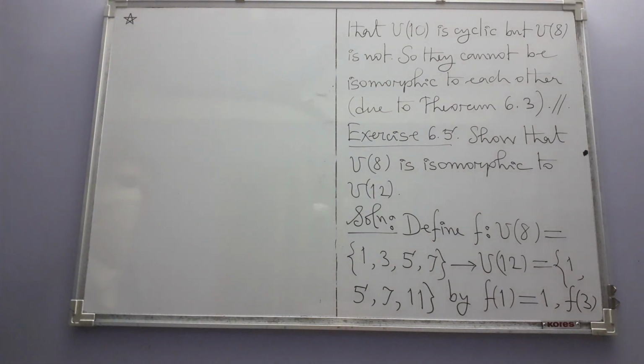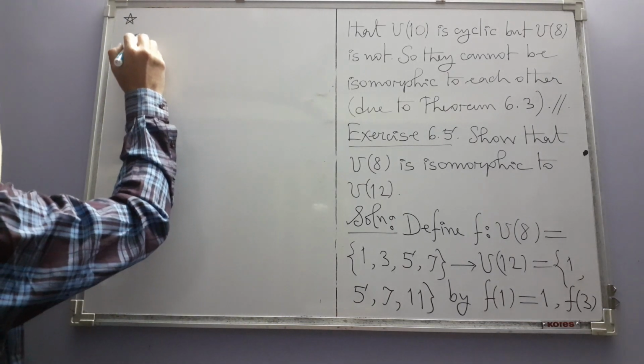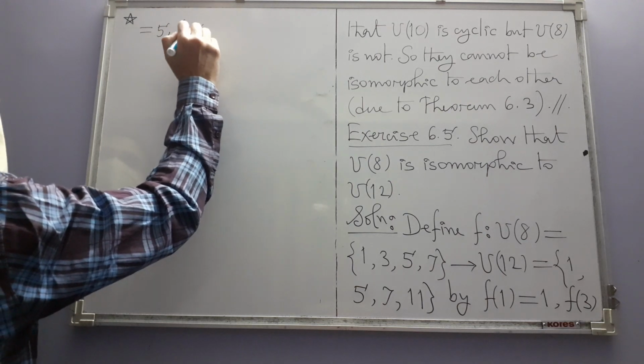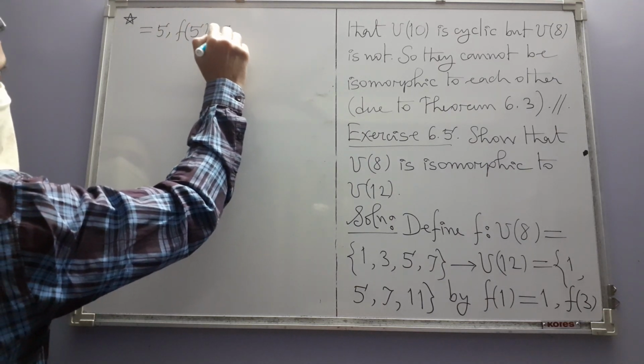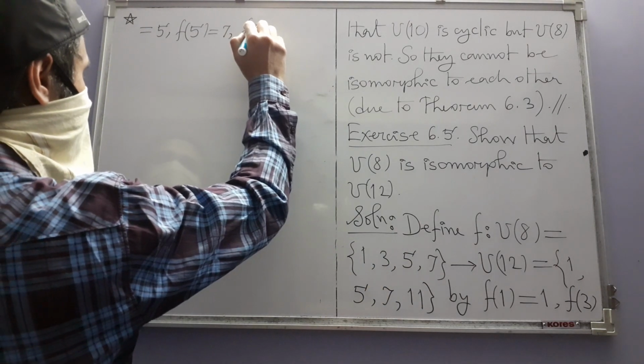So f of 1 is 1, f of 3 will be 5, f of 5 will be 7 and f of 7 will be 11.